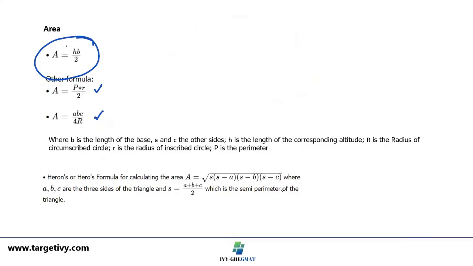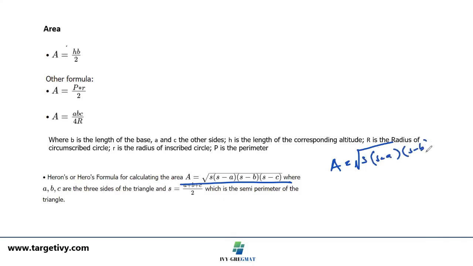Also, if we do not know the base and the height, but we only know the three sides, then Heron came out with this formula. The area of the triangle is the square root of s times (s minus a) times (s minus b) times (s minus c), where s stands for the semi-perimeter of the triangle, a plus b plus c divided by 2.